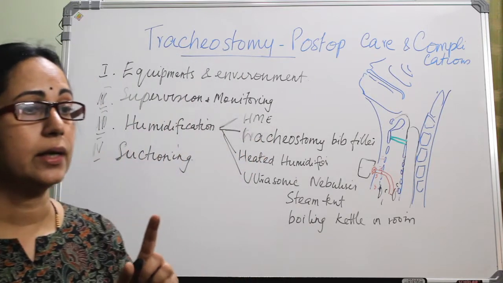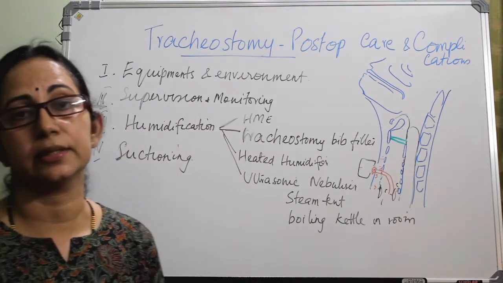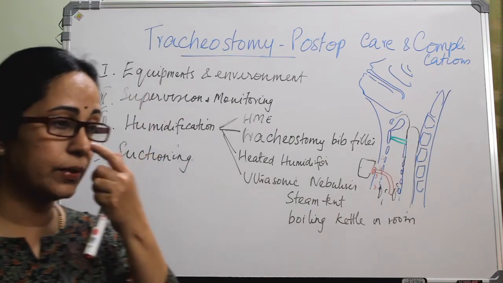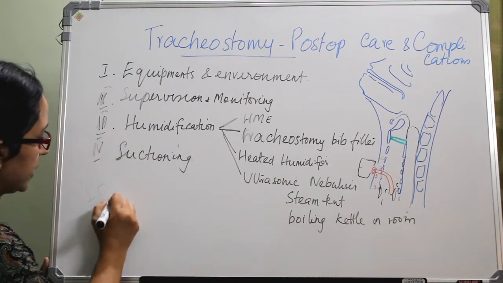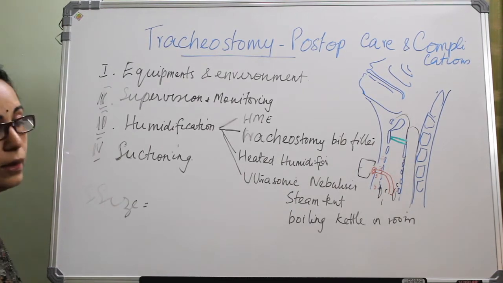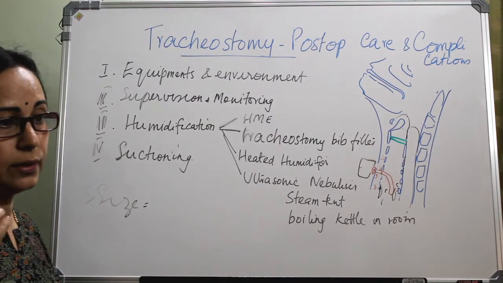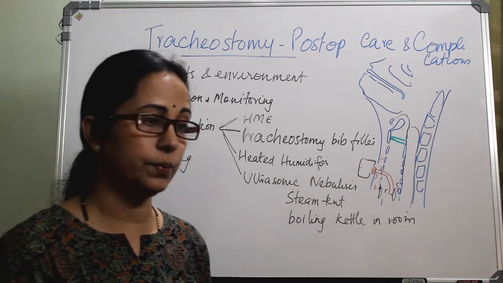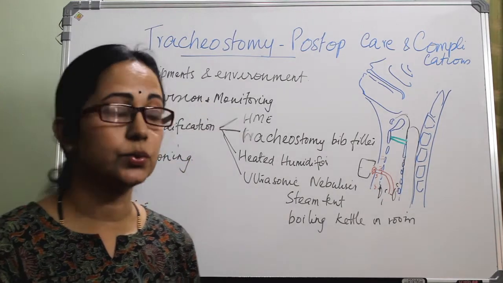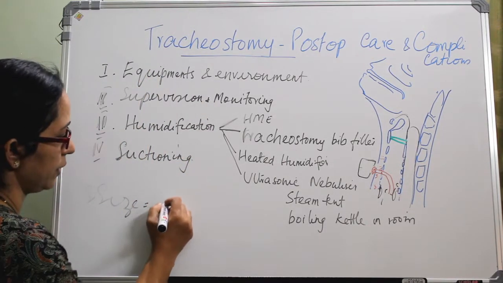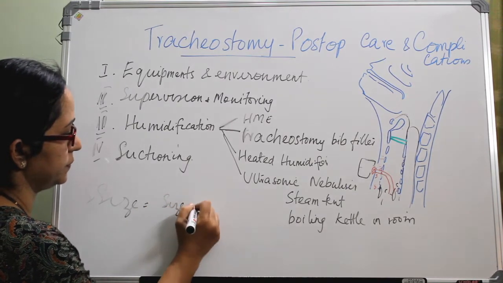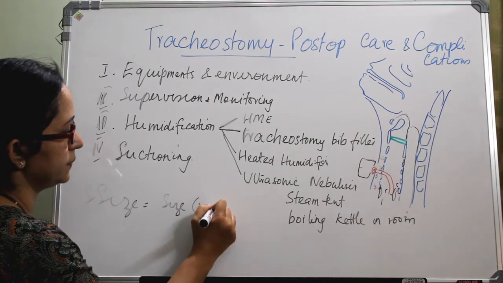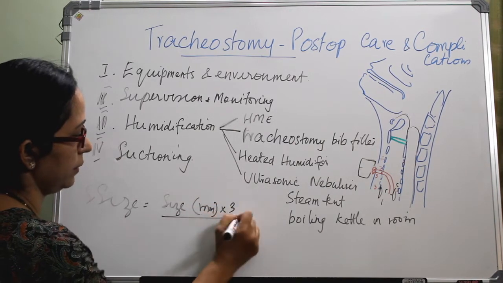Number one, the correct sized suction catheter should be used. How can we calculate that? Roughly, the size is the size of the tracheostomy tube in millimeter into 3, the whole divided by 2.